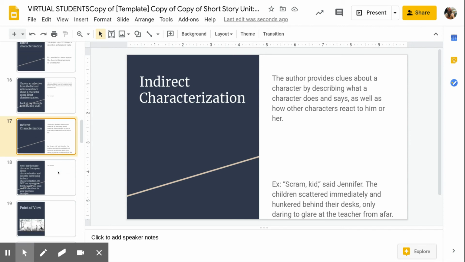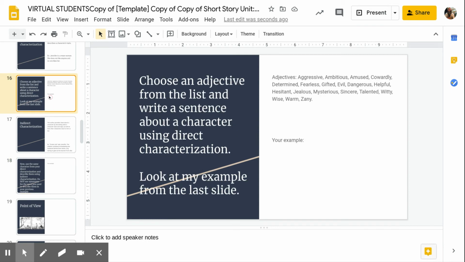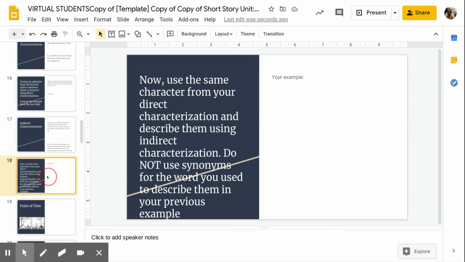We went over indirect characterization, and now there's an example for indirect characterization. We're going to use the same character that you created for the last example. You're going to go back here and do the exact same thing, but instead of directly coming out and saying it, you're going to indirectly say it, if that makes sense. Instead of coming out and saying how your character is angry or jealous, you're going to provide clues so that we have to come up with that conclusion.